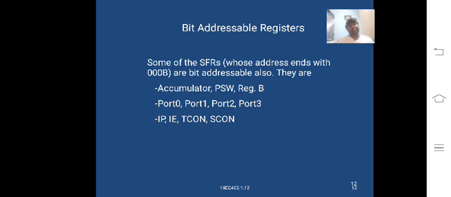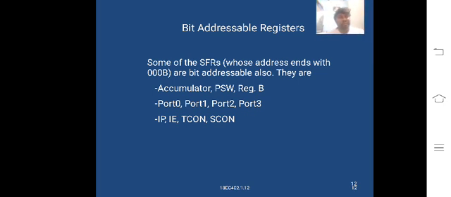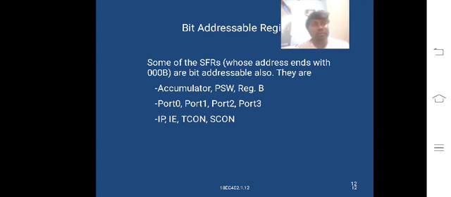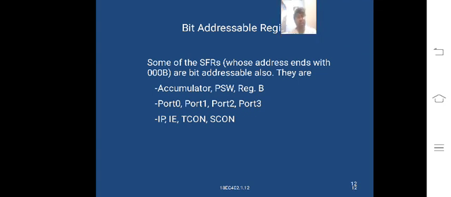Some of the special function registers whose address ends with 0 or 8 are bit addressable also.